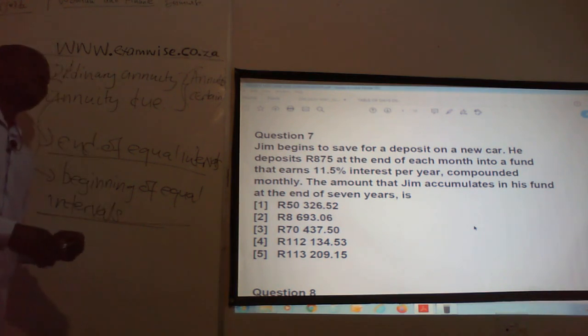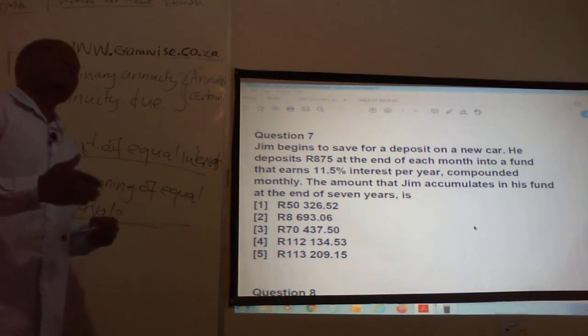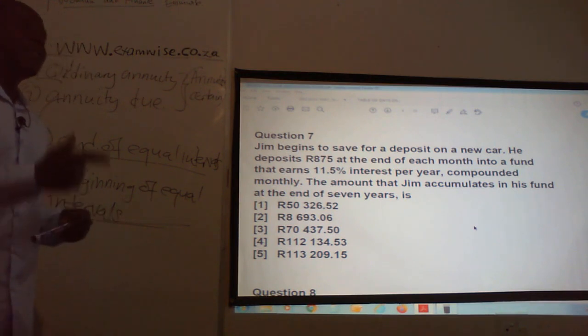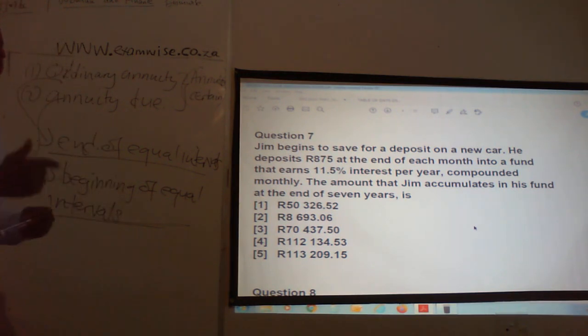For the purpose of this module, if the question is not specific about when the payments are being made, then we assume that the payments are made at the end of the equal intervals.